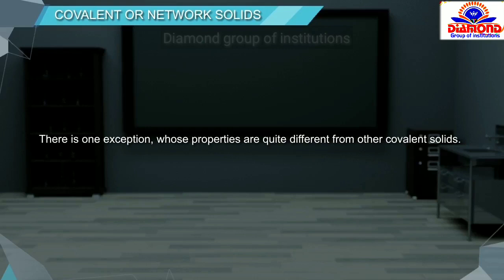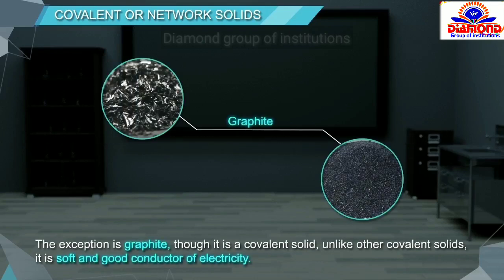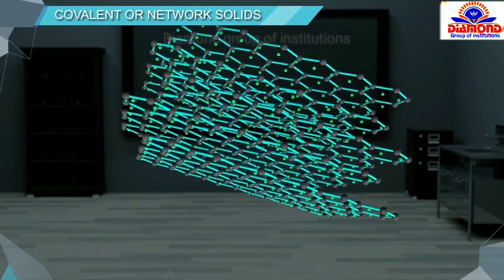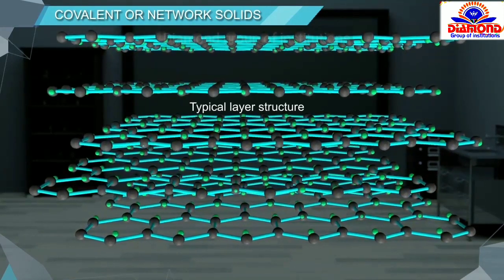Let us study about that exception. And the exception is graphite. Though it is a covalent solid, unlike other covalent solids, it is soft and a good conductor of electricity. This exceptional behavior of graphite is due to its typical layer structure.